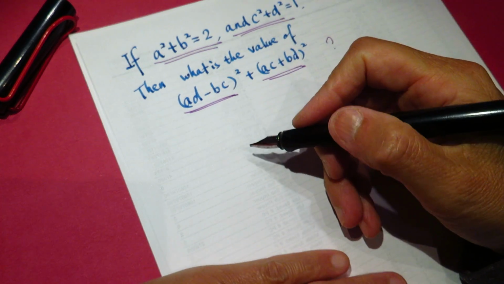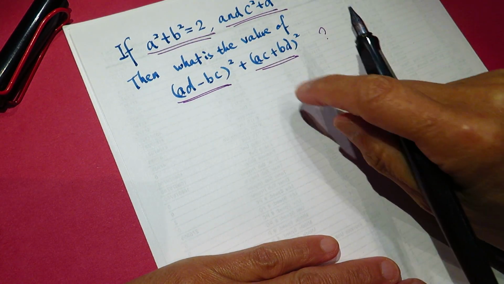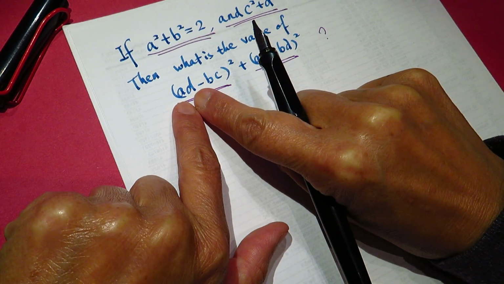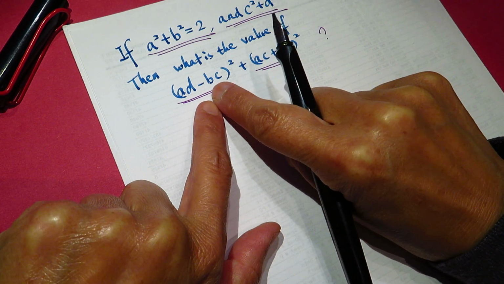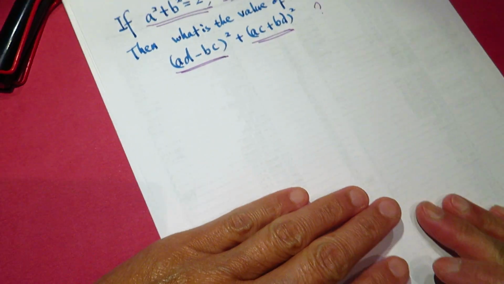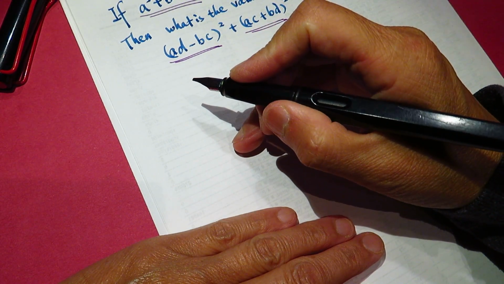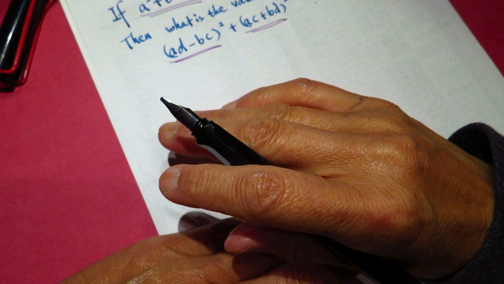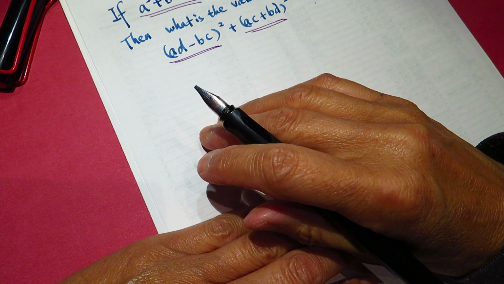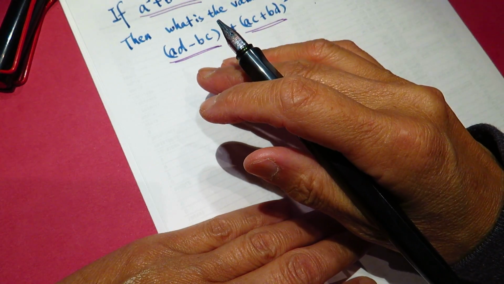I find it quite interesting, so I was playing around because I can see the pattern. This will be 2abcd, this will be 2abcd, they will cancel out. So we do math, we work on the algorithm, and we do not need to write the reason in long sentences.